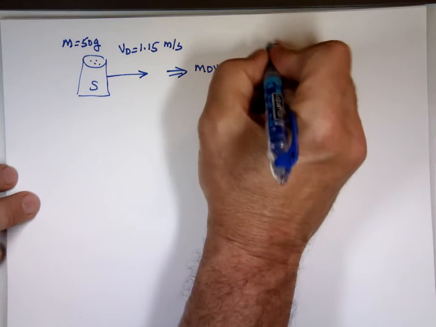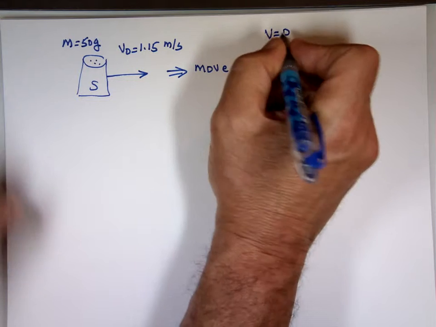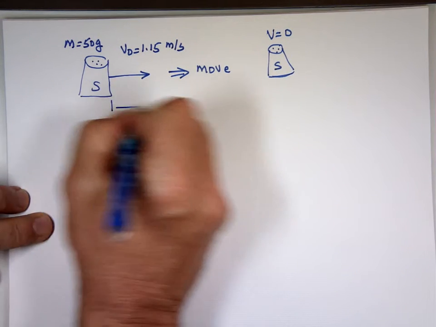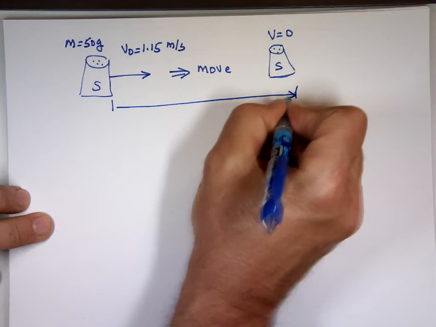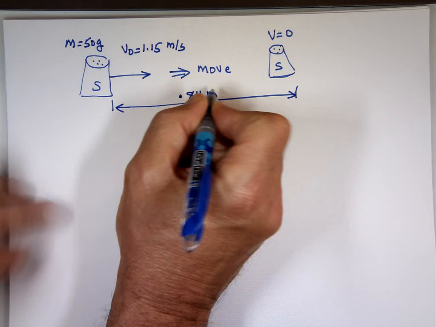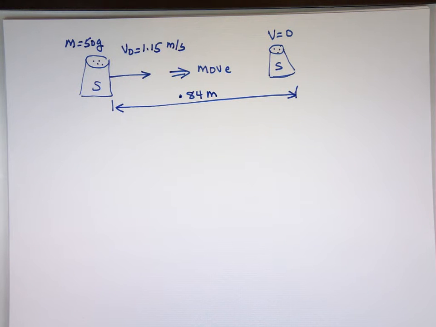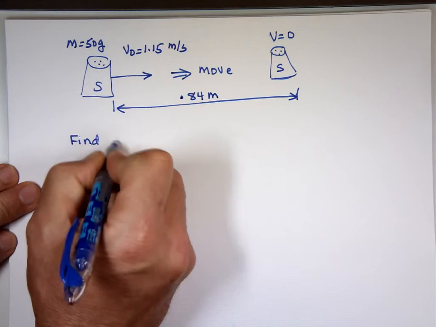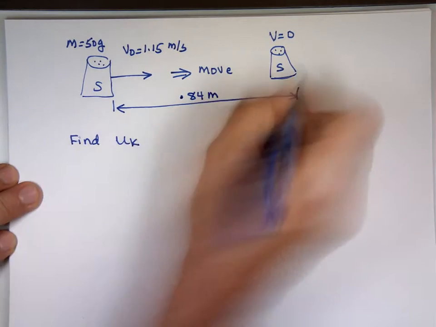So the final velocity here is 0. All we know is that the shaker traveled a distance of 0.84 meters. So the question now: can you find what mu k is just based on this experiment?